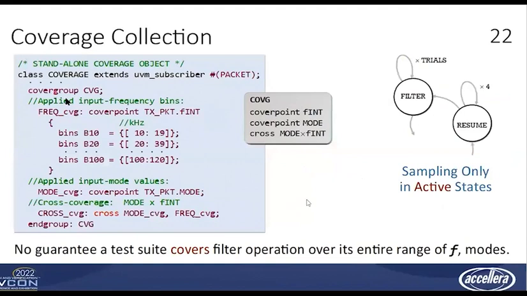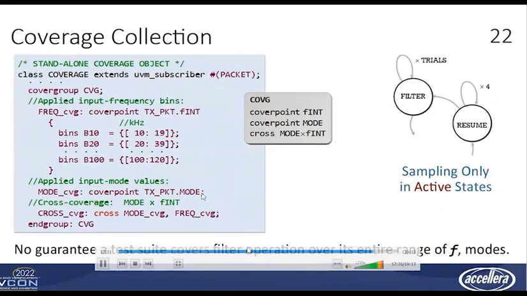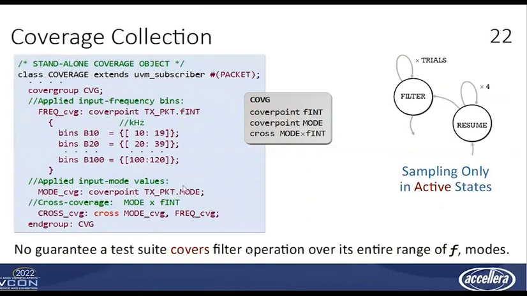Here is our coverage object, and we want to check how the sequences have covered values of the mode. That's pretty easy, only 8 values. The frequency range, that's easy too, because it's divided into 6 manual bins.